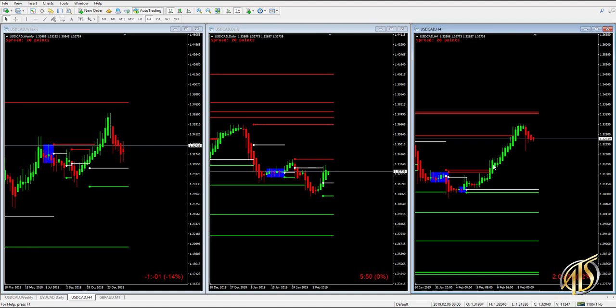To be able to catch a run like this, you're going to have to be a little bit more advanced, because the only way you would have gotten into this with a multiple time frame setup would have been if you were using the daily to back up your basis for making that decision. Because on the daily, we caught it right here at the turn, the daily turned green, and then we basically ranged back up to the last expansion on the daily. So that's what happened. This is more of an advanced maneuver.